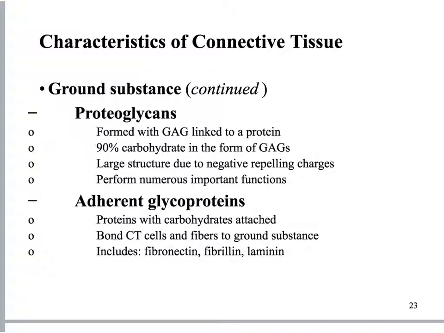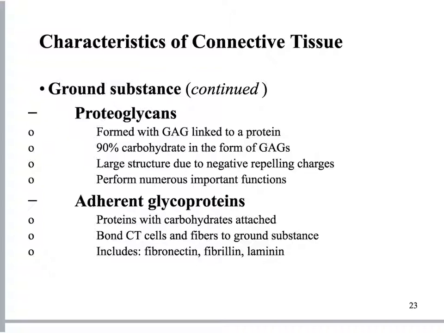These are outside of the cells, and they allow those cells to attach to what's outside it, okay? How it attaches to the fibers, how it attaches to the other ground substance, say in bone or in cartilage. That's the protein molecule that's present there that allows that to occur.